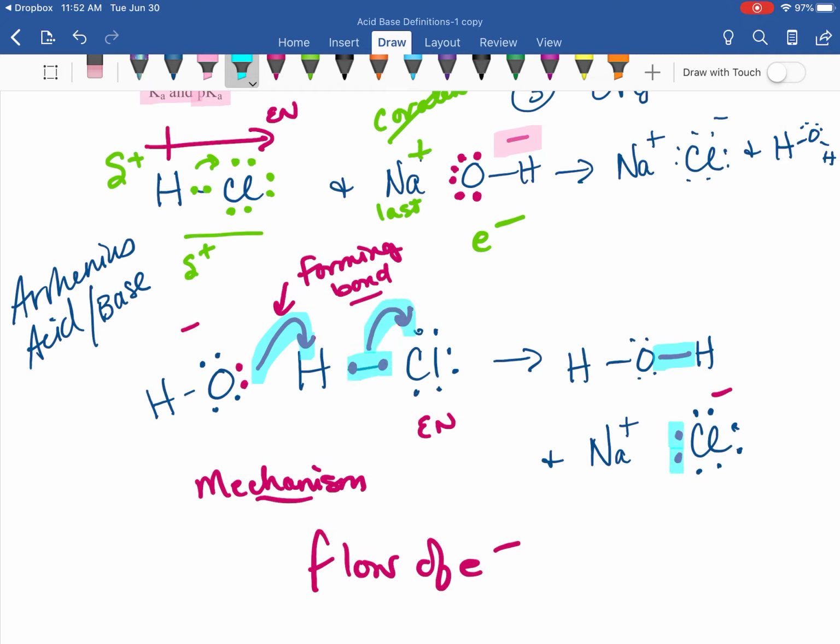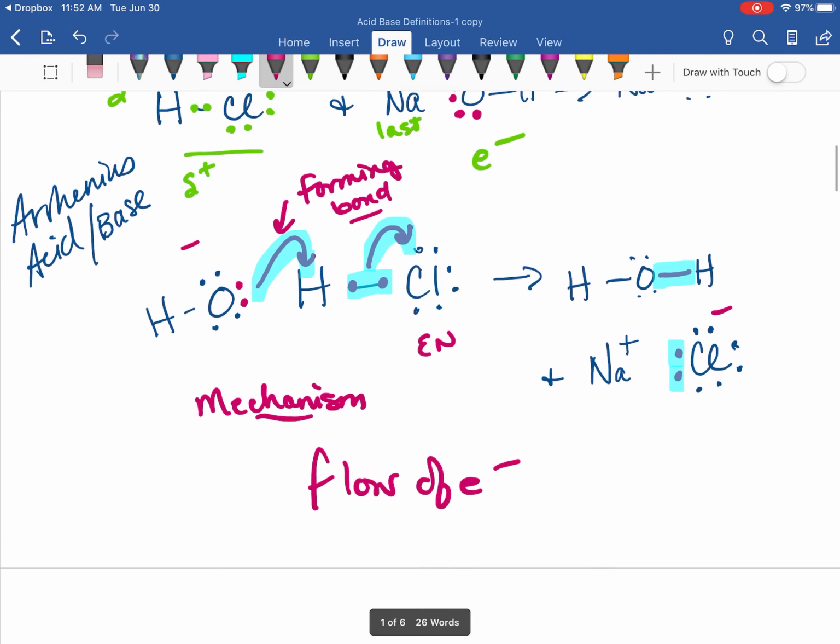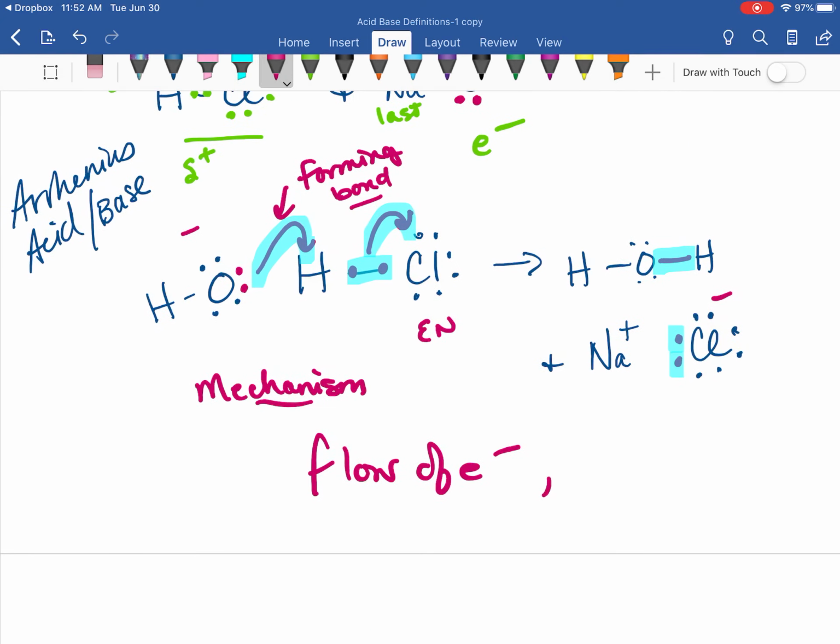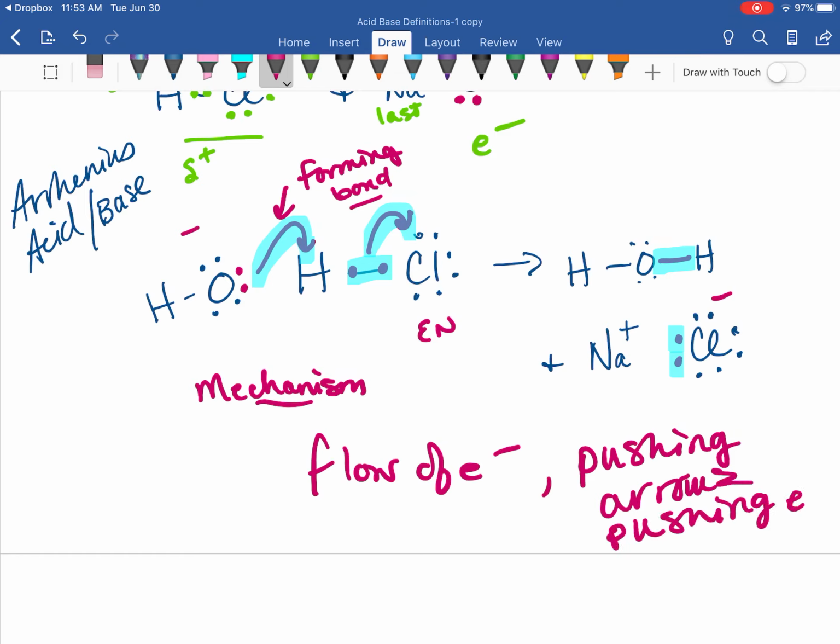Look, these electrons ended up here. That's what our arrow does. These are sometimes called pushing arrows, or pushing electrons. All of these are mechanisms.